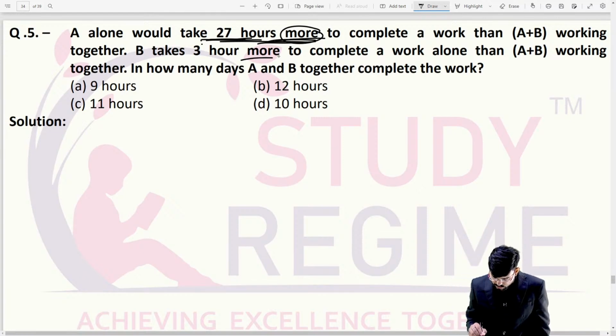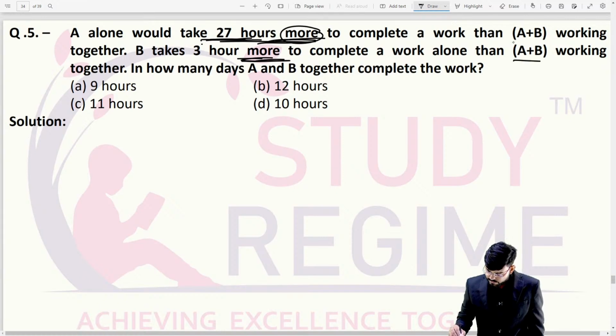B takes 3 hours more to complete the work alone than A plus B working together. Here also B is compared with what?